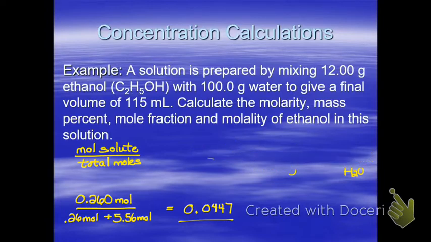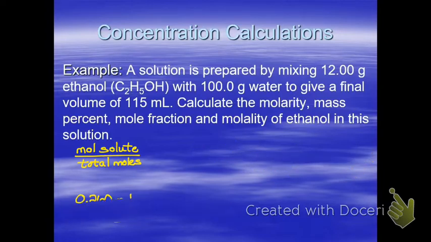Let me erase all this. This time the last thing we're supposed to find is molality, which is moles of solute over kilograms of solvent. Okay, now this one also should be pretty quick and easy. We already found the moles of solute earlier in the problem. Let me just write that down.